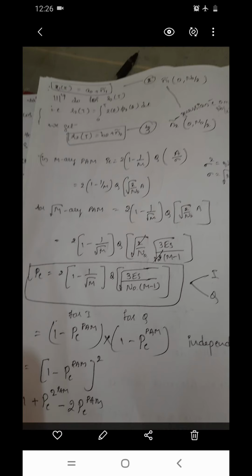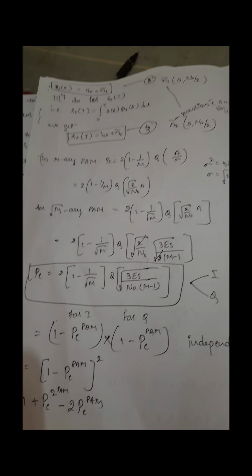For root M-ary PAM, in place of M, write root M. And put the value of a also. Hence the equation becomes PE is equal to 2 into (1 minus 1 divided by root M) Q of square root of 3Es divided by N0 into (M minus 1). This is for in-phase and quadrature phase.